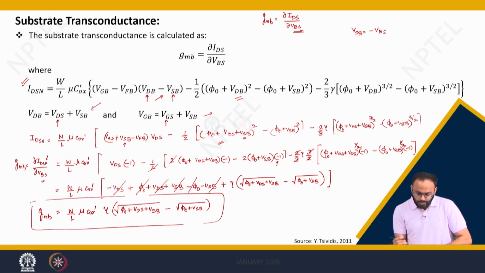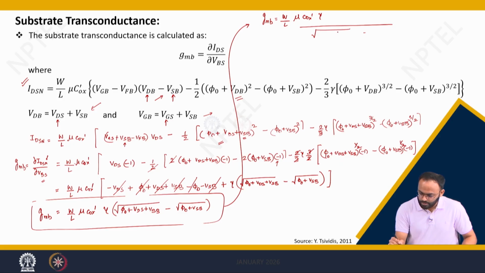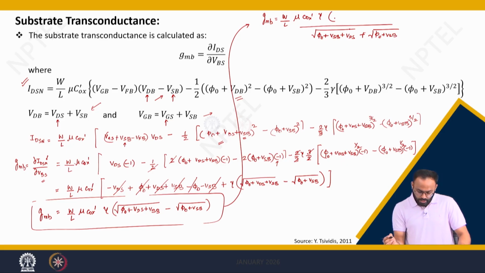We can again solve this by factorizing as GMB is equal to W by L into mu. So, I am solving it here into COX dash into gamma divided by square root of phi naught plus VSB plus VDS plus square root of phi naught plus VSB, and in numerator you will get a minus b into a plus b as a square minus b square.